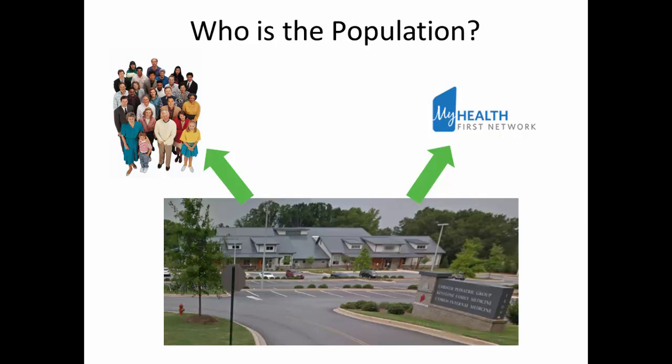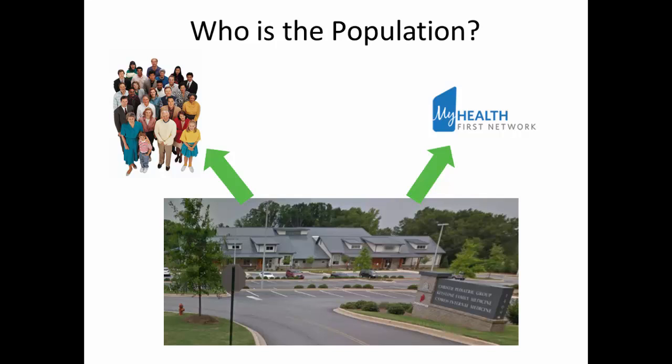So who are our patient populations? Well, this is just an example. You may have heard of the My Health First network, which is a large network of providers in the Greenville and surrounding areas. There are other networks out there. This is just for the sake of example. But in some cases, if you are in that area, your population in that network are all the patients that are part of that network.